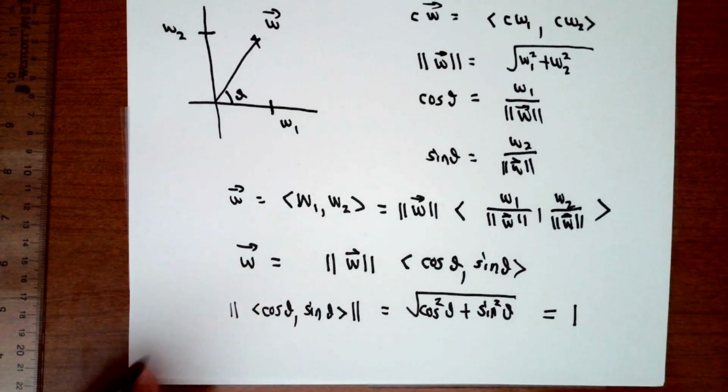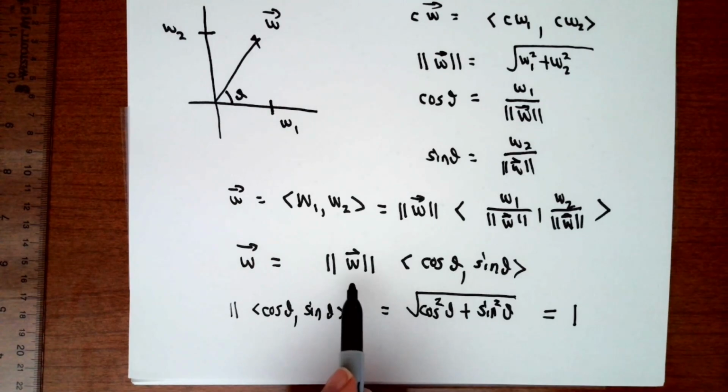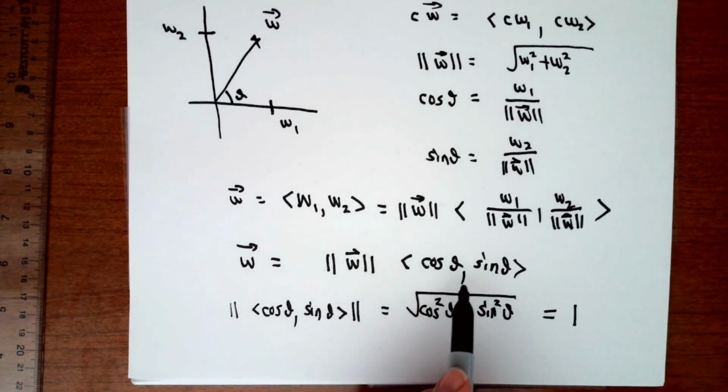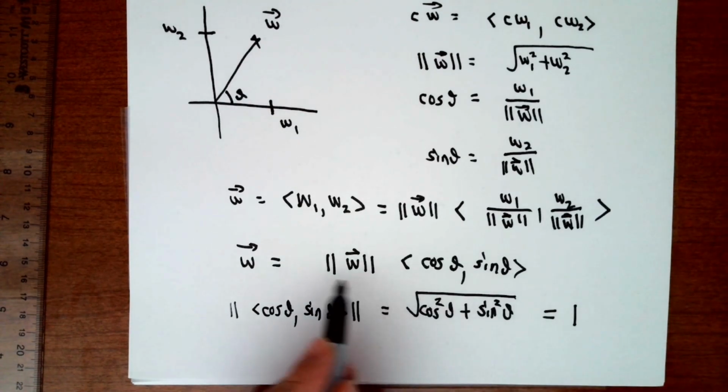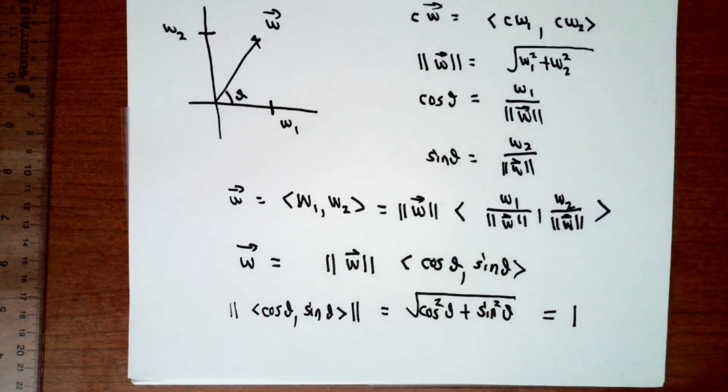If I write my vector w in this form, this is the length of w. This is a vector that's going to tell me about the direction, and this vector, the cosine sine part, always has length 1. So literally, this is the length times the direction only.